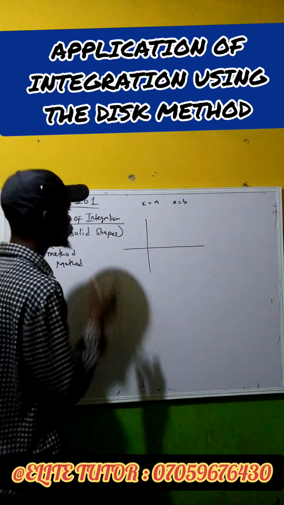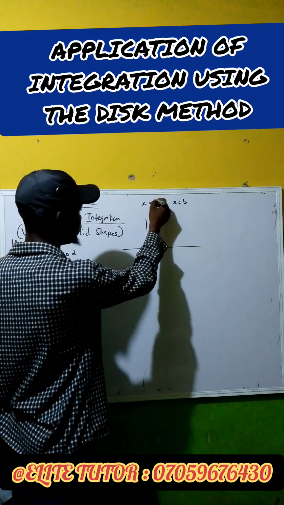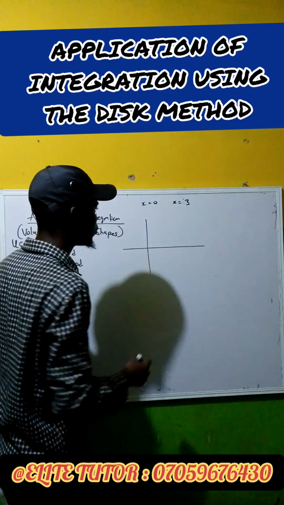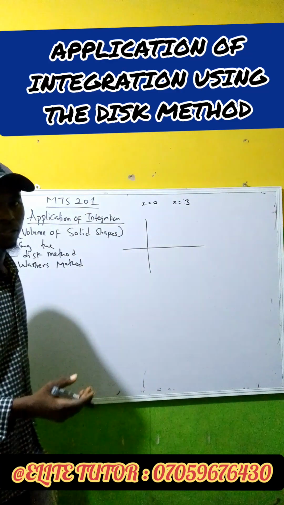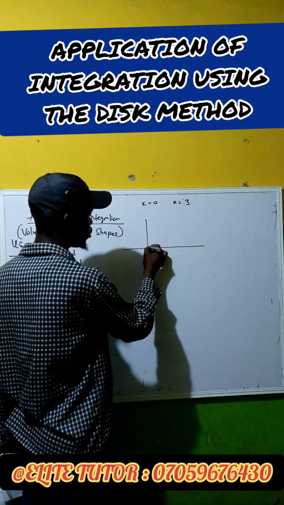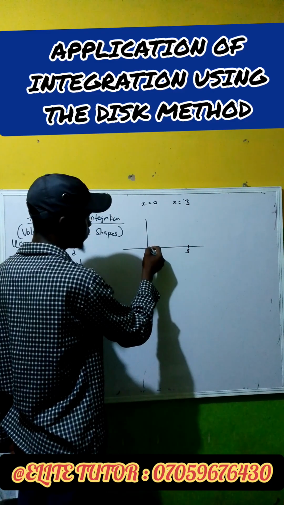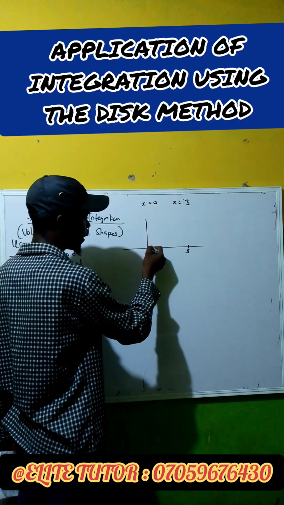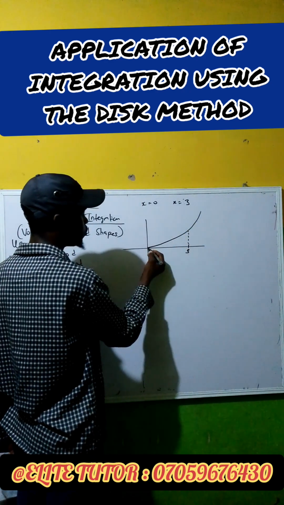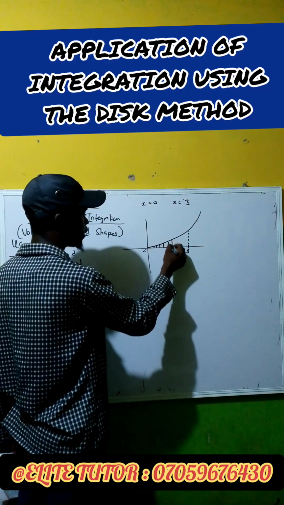Let's say we have x to be 0 and the other to be 3. How do you sketch your diagram? Normally this is the line for x. Your 0 point is from here, and let's assume 3 to be here. Your line is going to come from this side, going up like this, and this is the distance between 0 and 3.